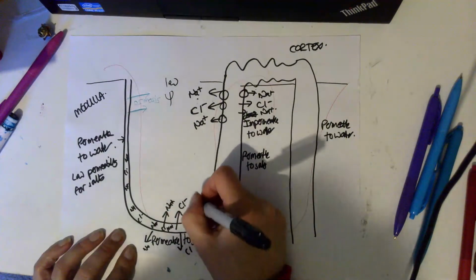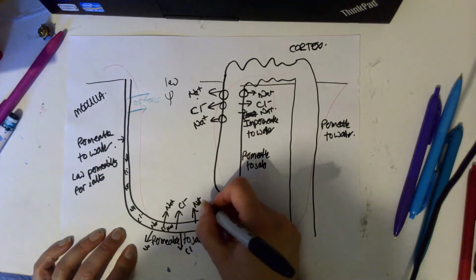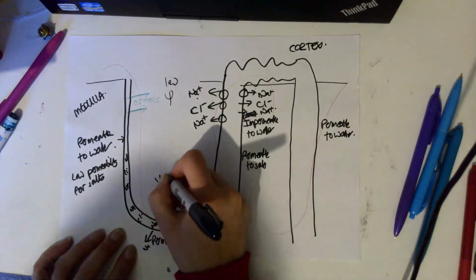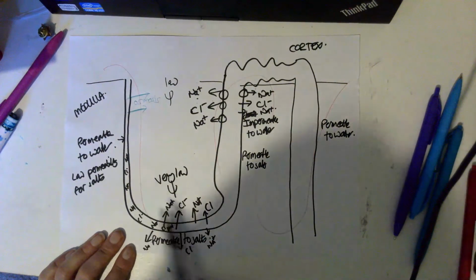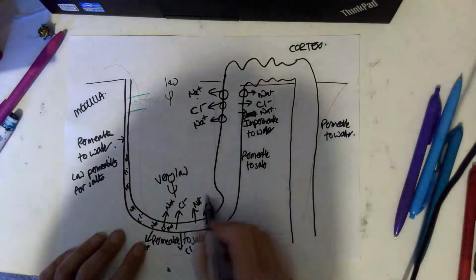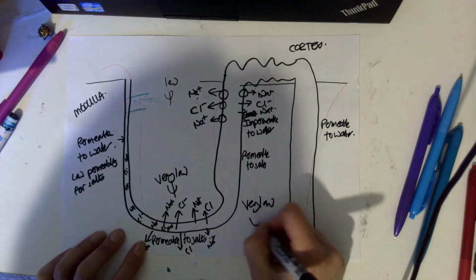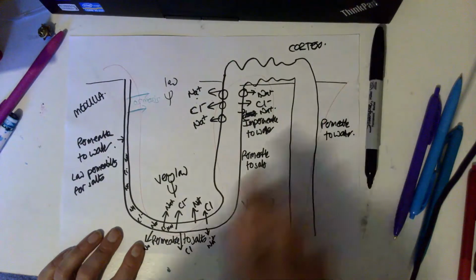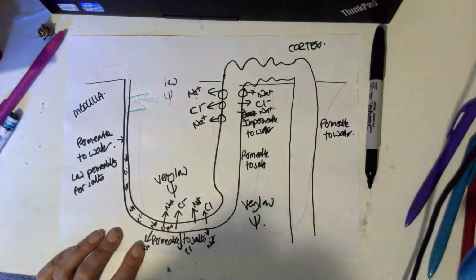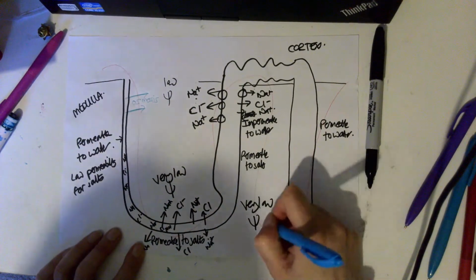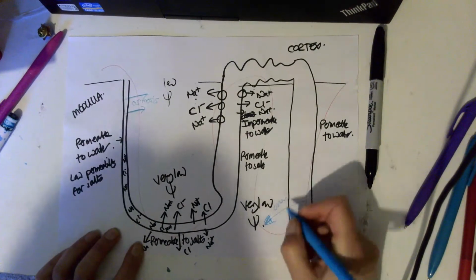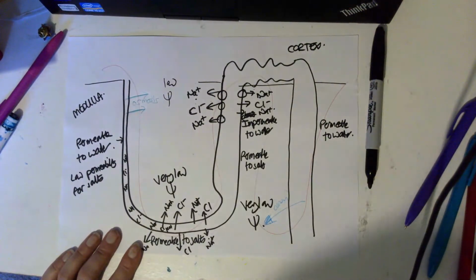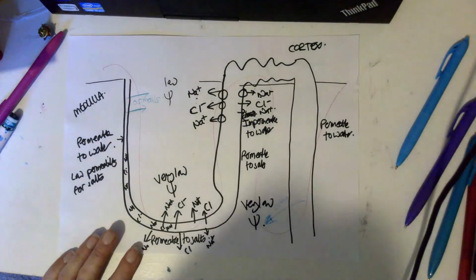So we start to create a very low water potential down the bottom of this loop of Henle. So around this whole area is a very low water potential, and as a consequence then water will be drawn from your loop of Henle out by osmosis into your bloodstream, and it's taken away. So that is how you reabsorb water at the loop of Henle.